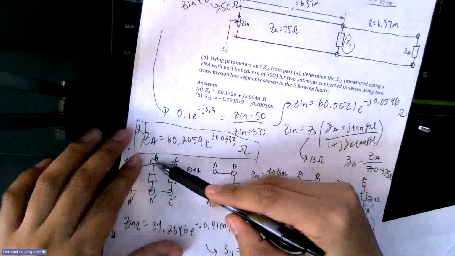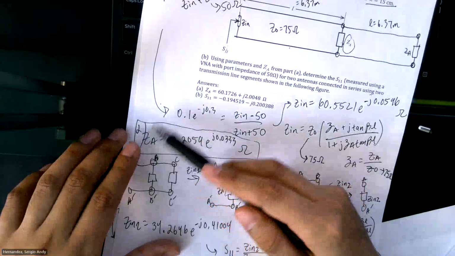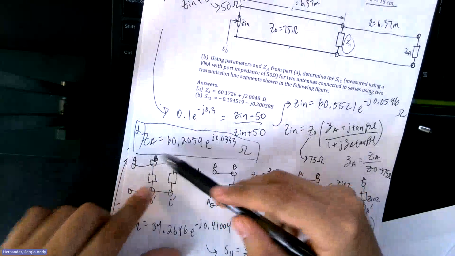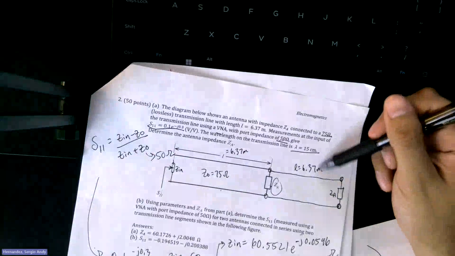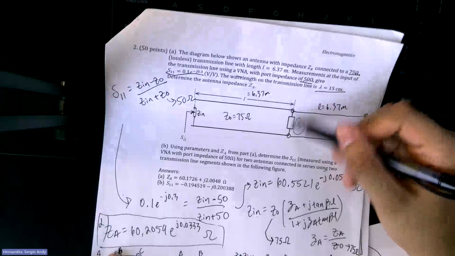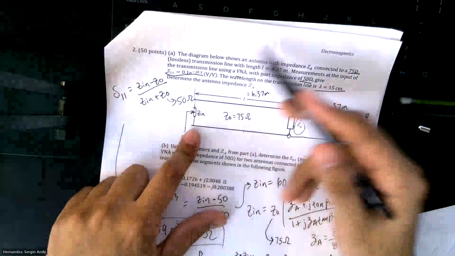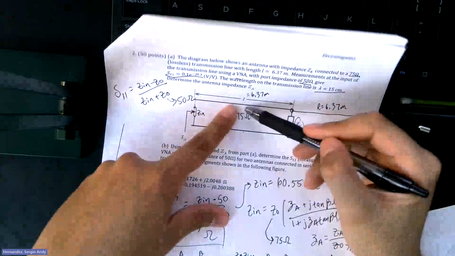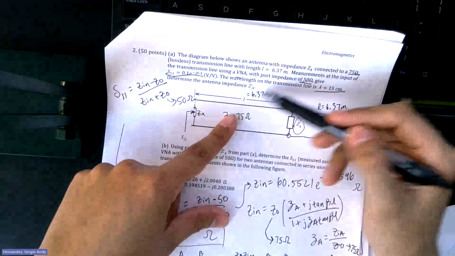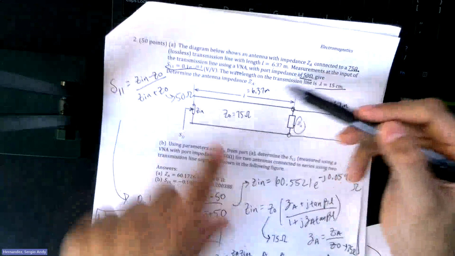Because from C to B might be different from B to A. So if you're shrinking this down from C to B, it'd be 6.37 meters, right? And then now you're at this point, you're shrinking this down from here all the way to A. So you use this length, and for this situation, it just happened to also be 6.37 meters.